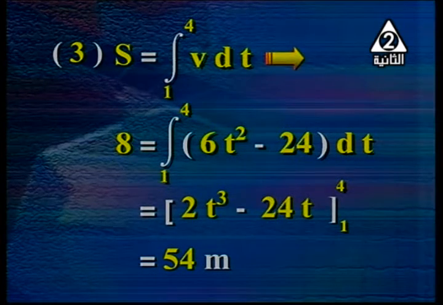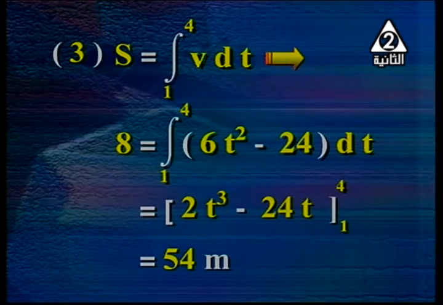Remember, dear student, when we find displacement and the given is velocity, we use integration. Why? Because S is the integration of the velocity. The required is to find S or displacement when t is from 1 to 4.